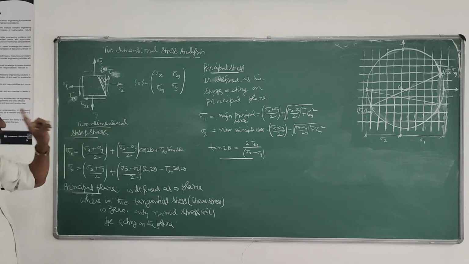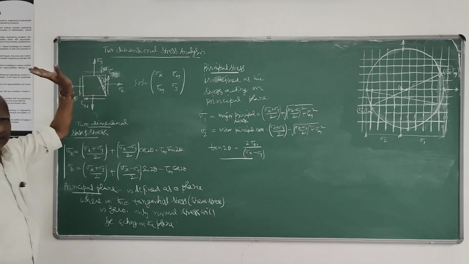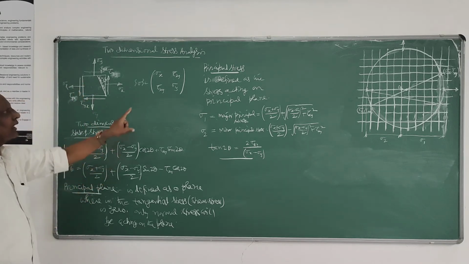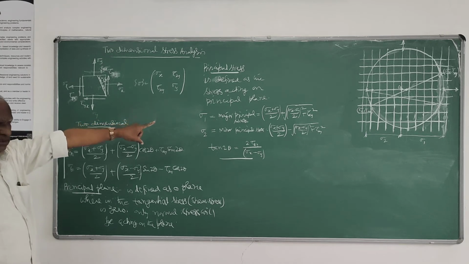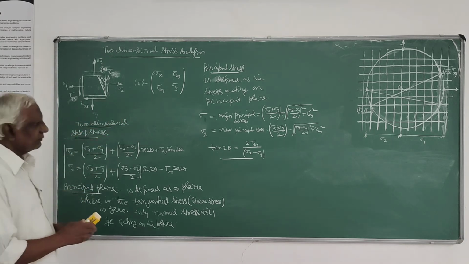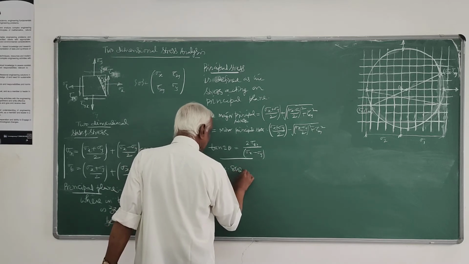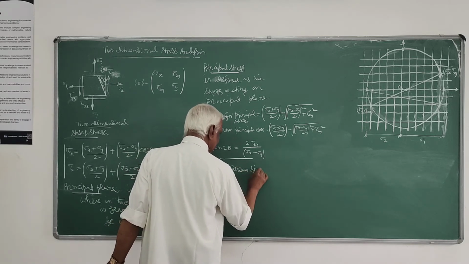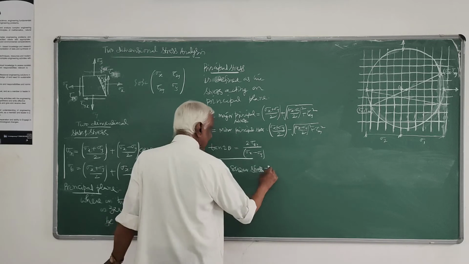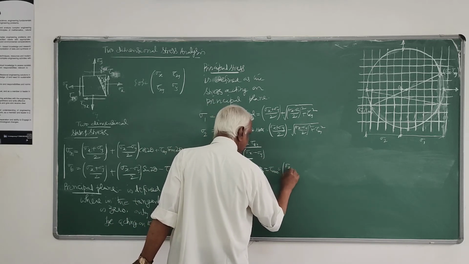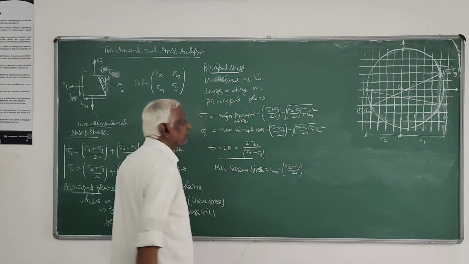So in the two-dimensional analysis, you have to determine major principal plane and principal stress. Also, maximum shear stress, that is tangential stress, tau max, and that is given by sigma x minus sigma y by 2.